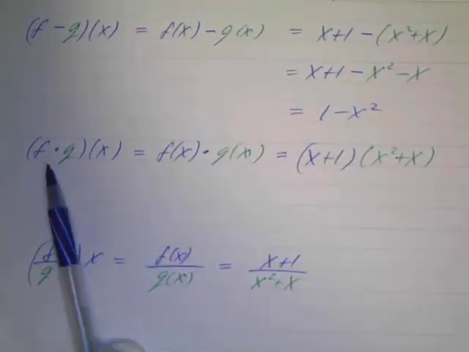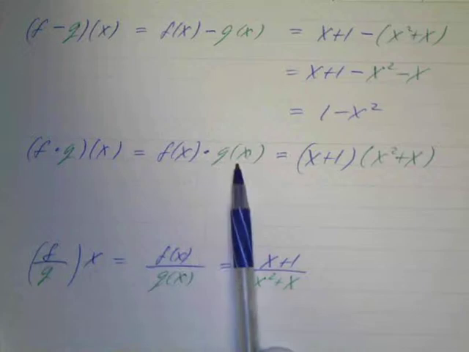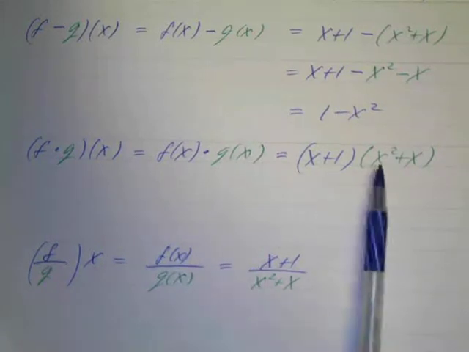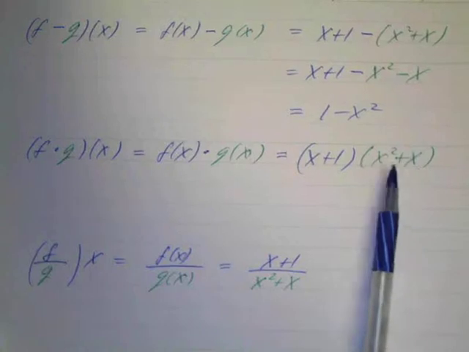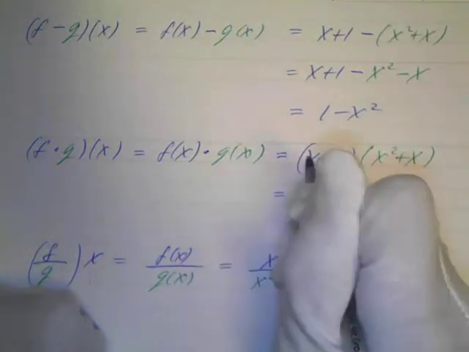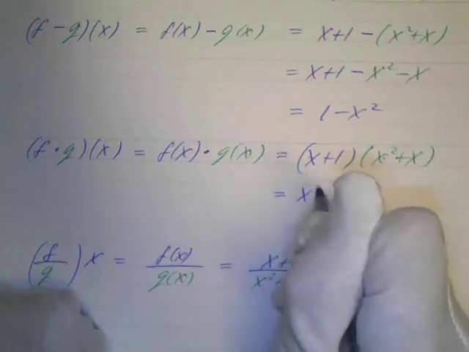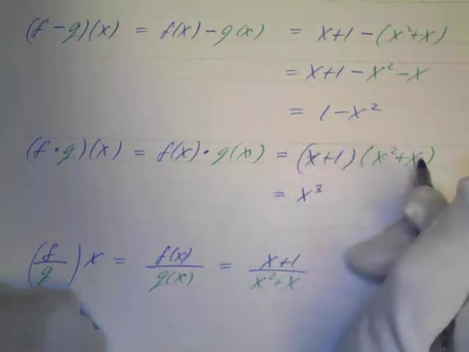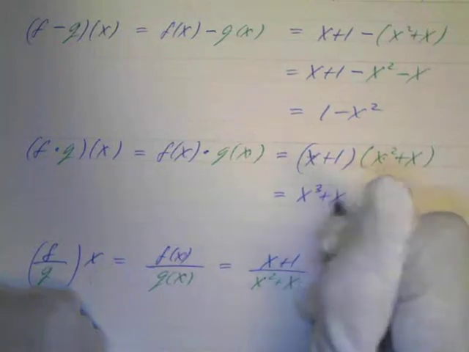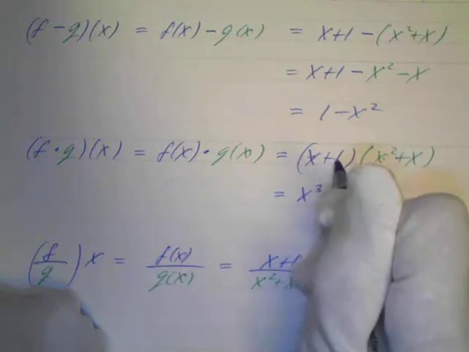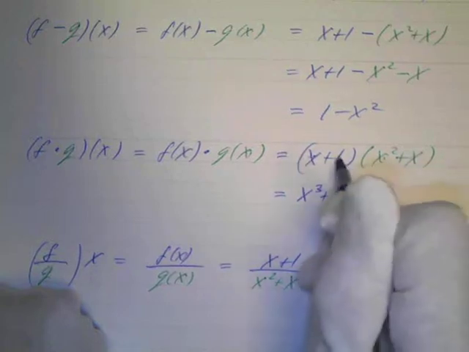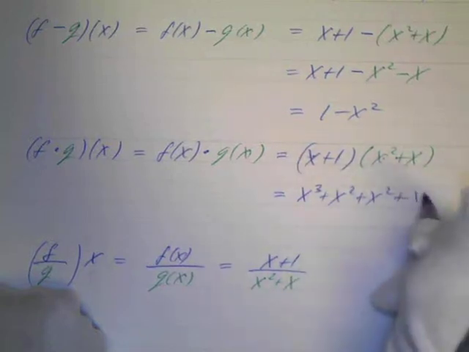Here we have f times g of x. Well, that's just f of x times g of x. Now my f of x was x plus 1, and my g of x was x squared plus x. So I just have to multiply these, and I can just use the FOIL process. That's going to equal, well, x times x squared is x cubed. X times x is x squared. 1 times x squared is just x squared, and then 1 times x is just x.